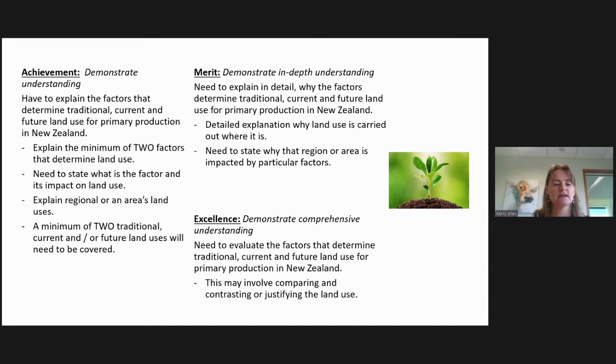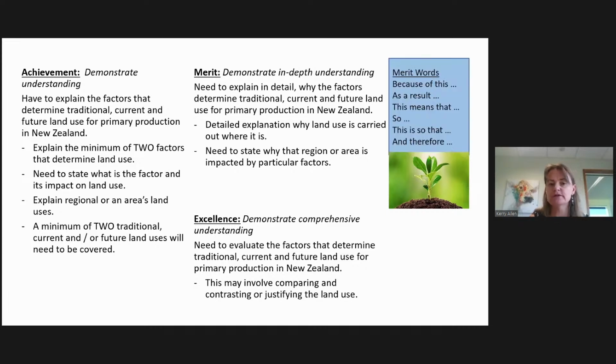Traditional, current, and future could be in the past, what is happening now, or what you predict is going to happen in the future, or where trends have been pushing that land use to change. So moving on to merit.